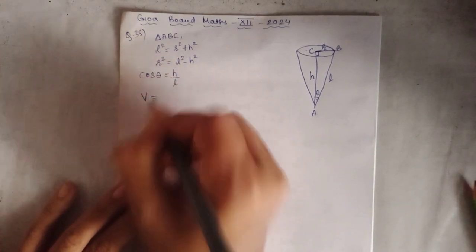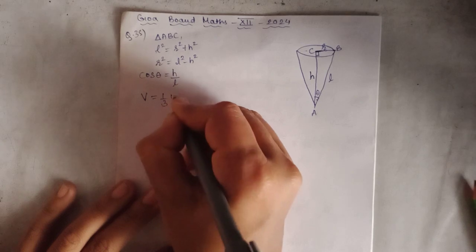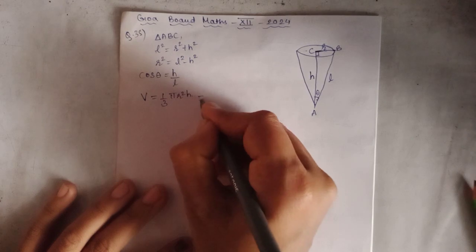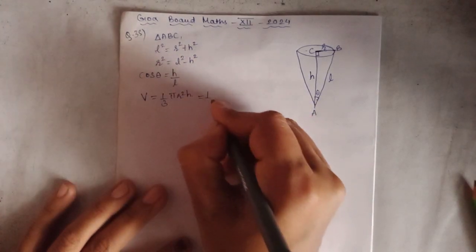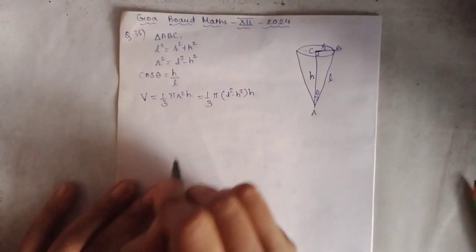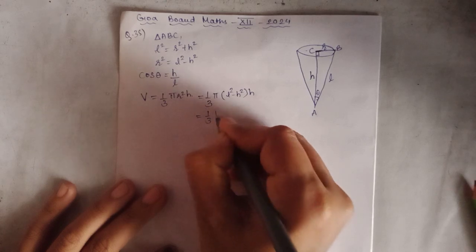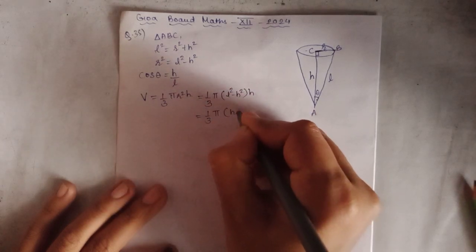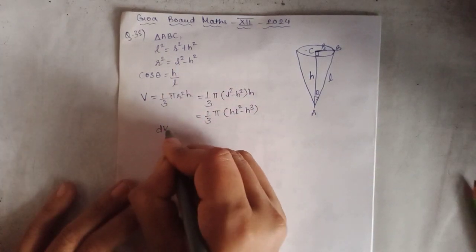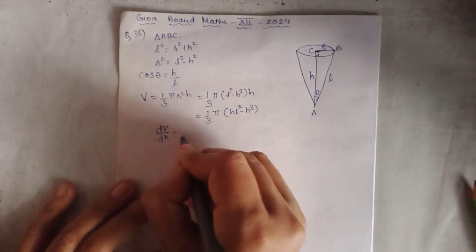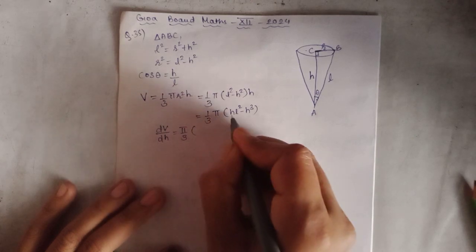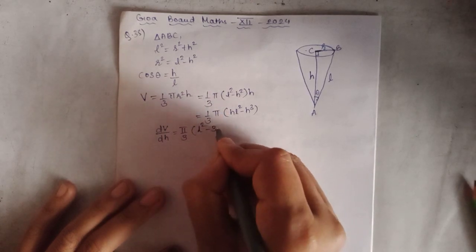So the volume of the cone is given by 1/3 pi r square h. Okay, so I am substituting here our r square. So 1/3 pi, r square is L square minus H square, into H. Okay, so this is 1/3 pi (H L square minus H cube). Differentiating with respect to height, we'll get pi by 3 (L square minus 3H square).